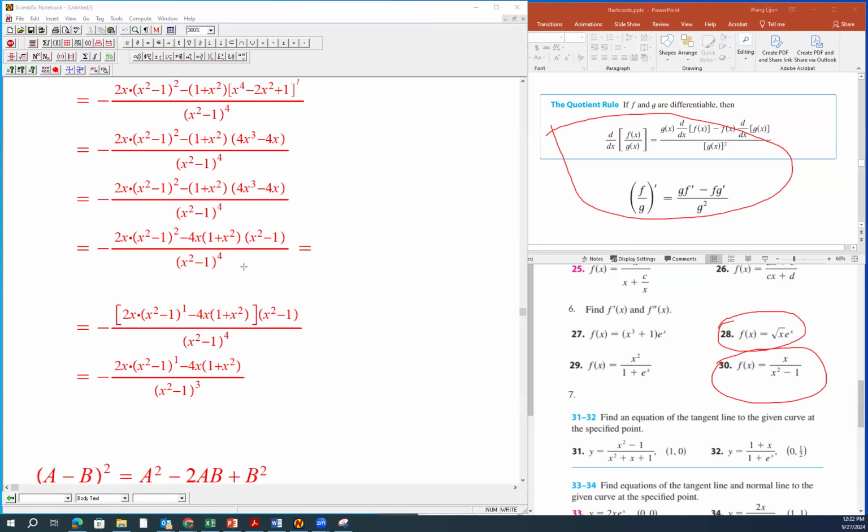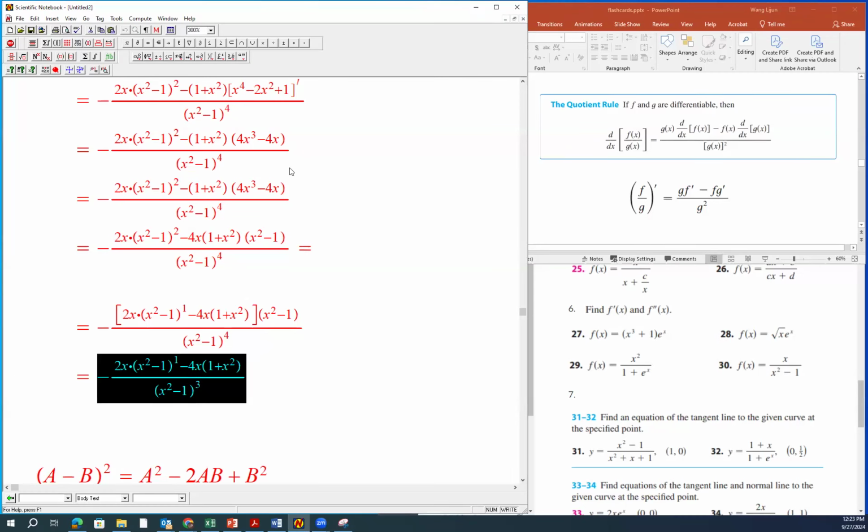Let me change the color. So this piece, and one of these, x squared minus 1, x squared minus 1, you just simplify that. And if you cross them out, you also get these.